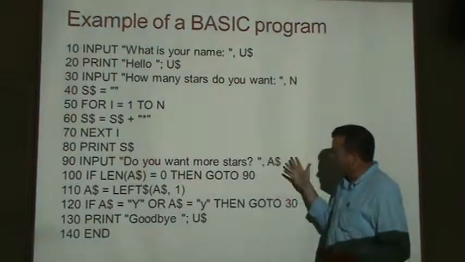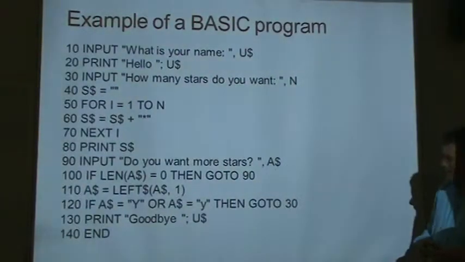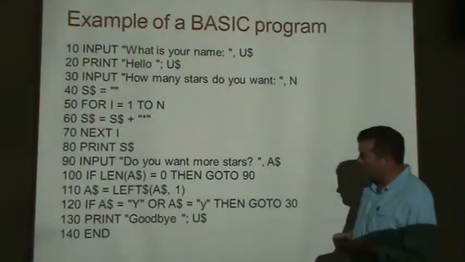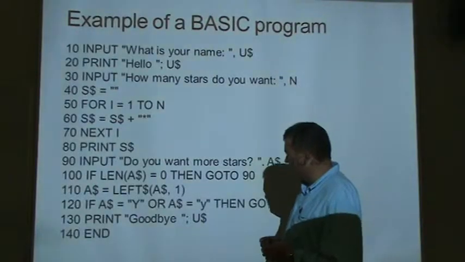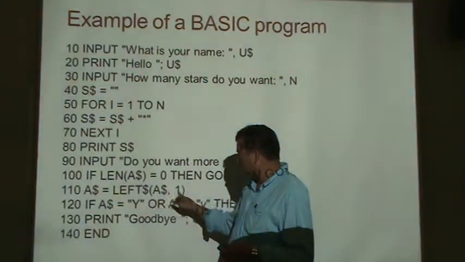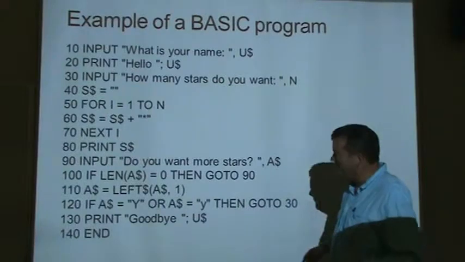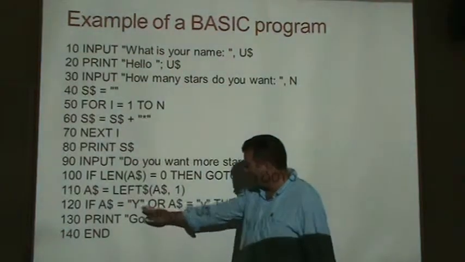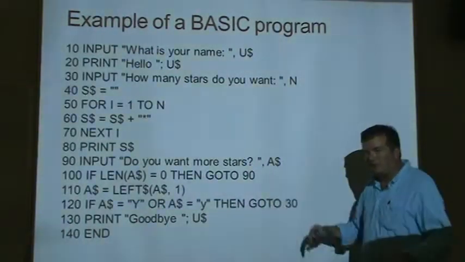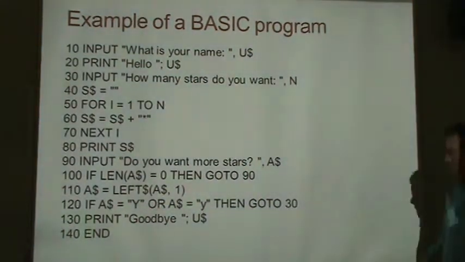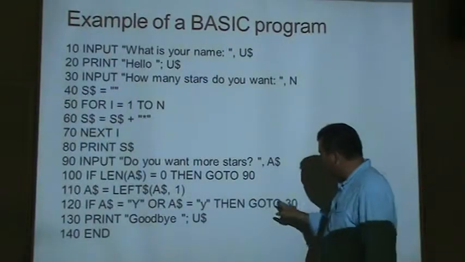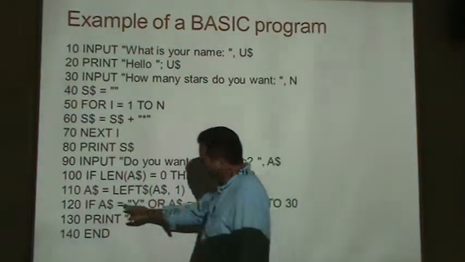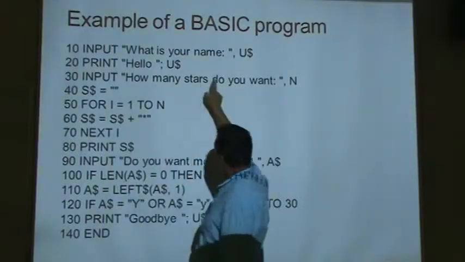Eventually we're going to take the first character you give as your answer, starting from the left. And if that's either a capital Y or a small y, then we'll assume you answered yes, yeah, or something like that. In that case, we're going to go to line 30, which is up here, and ask how many stars you want.